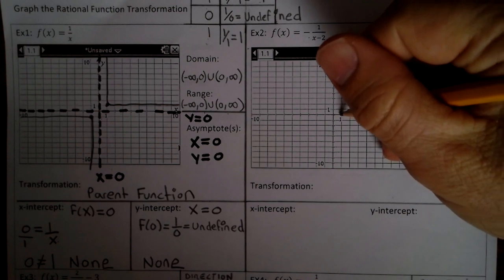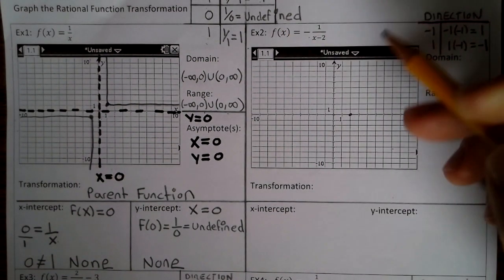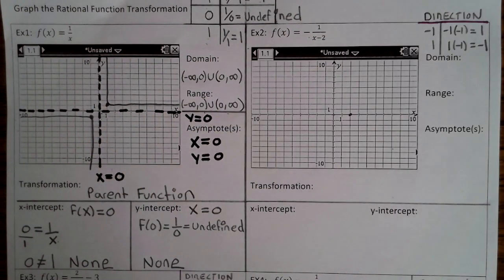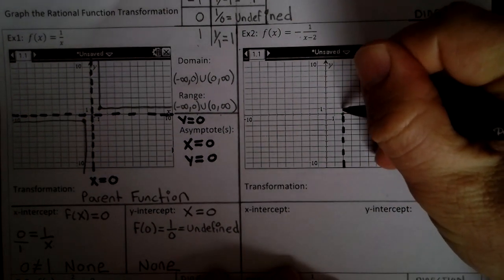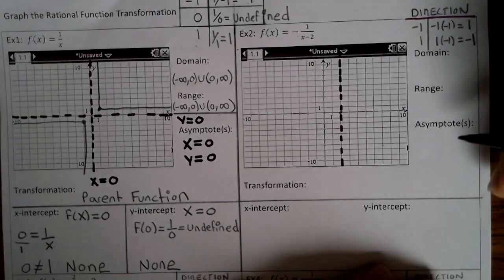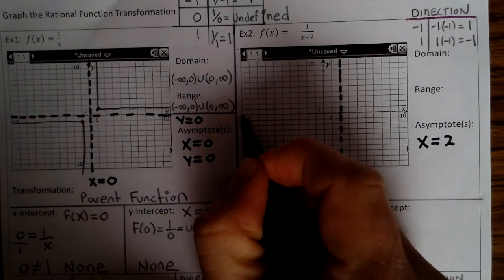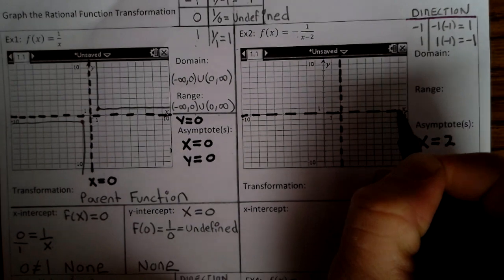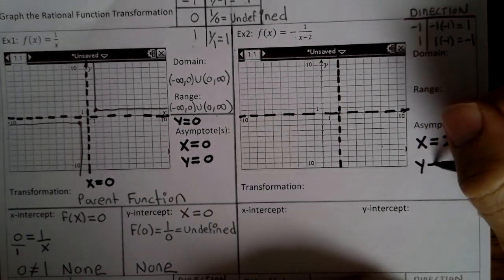Now, the vertex in this case is where the two asymptotes meet. So we have an asymptote at x equals 2 and y equals 0. There was no vertical transformation, so the y equals asymptote stayed at 0. Okay. Now we graph our points.